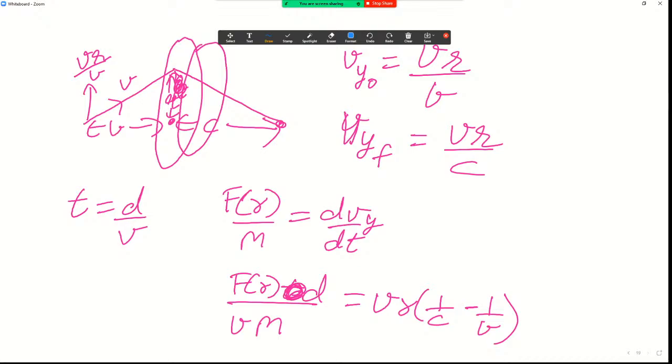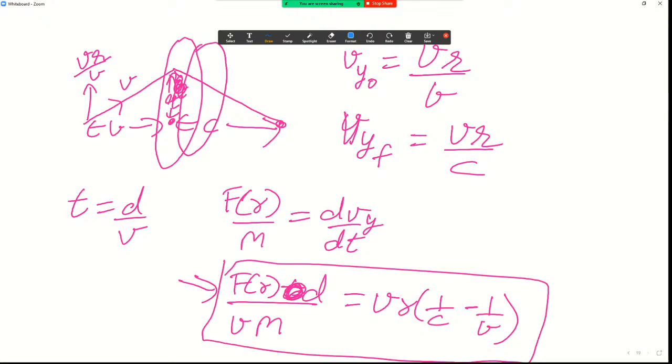So after plugging the value of F, we should get the answer. And what was the value of F?